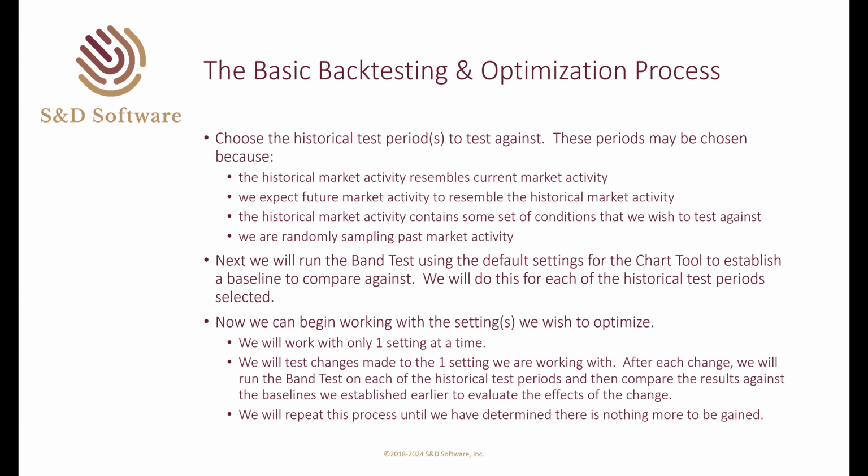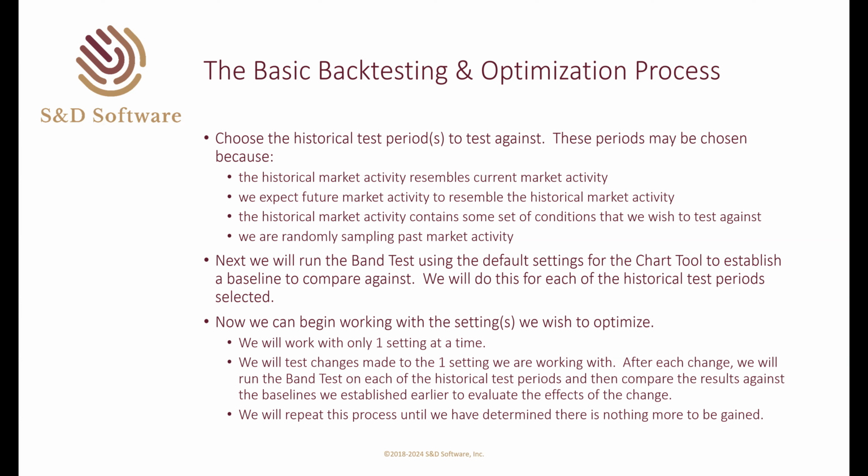And once we have our baseline for comparison, we can then look at the settings that we're interested in perhaps altering. We're only going to work with one setting at a time. We're going to go in, make a change, and then rerun the band test. Then we can examine how the performance of the system changed based on the change we made to the setting being tested.